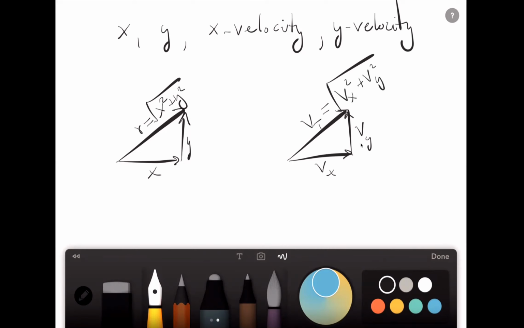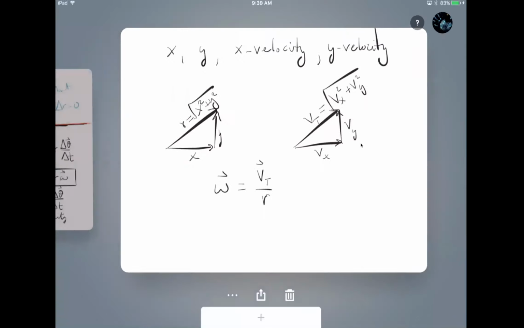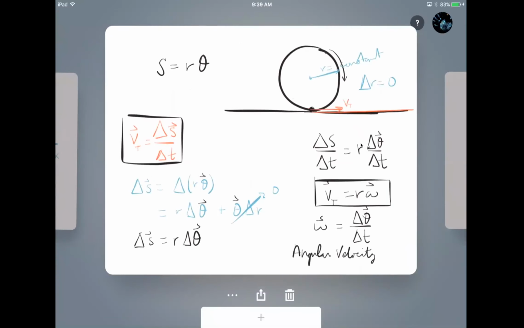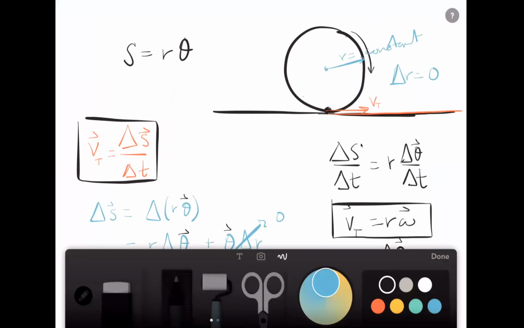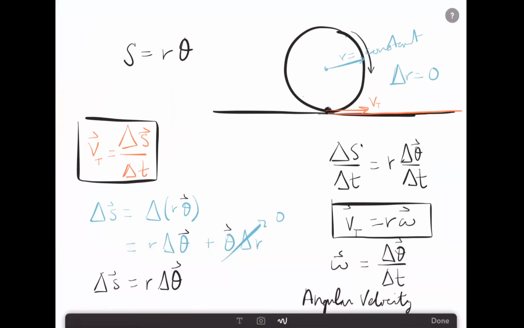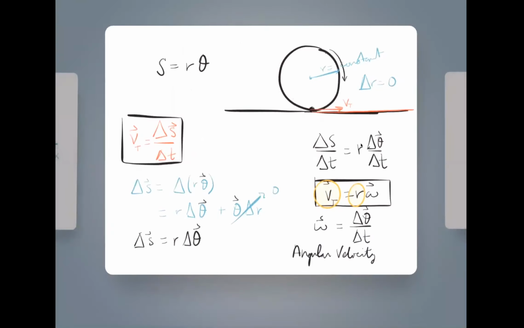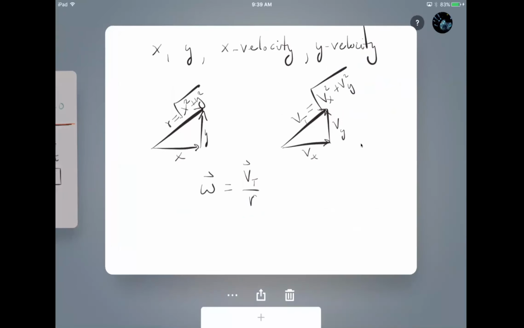And once we do that, we can determine what our angular velocity is, because we know that that's just Vt over R. If we go back, you'll see that that's our definition of angular velocity, Vt over R. I just rewrote it. That's all. I just did some mathematical stuff there.